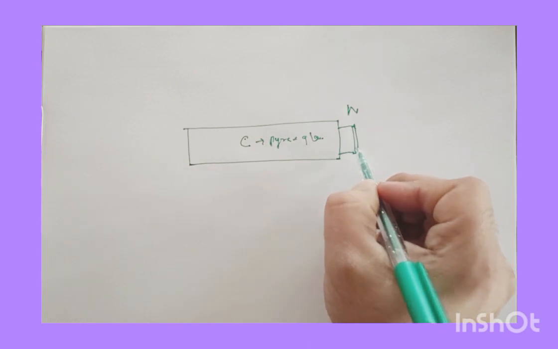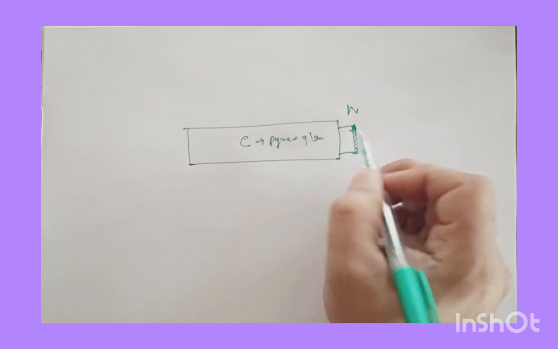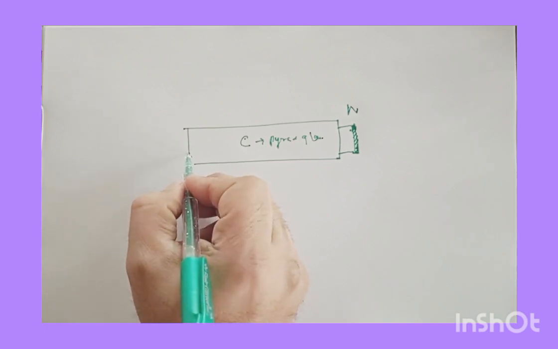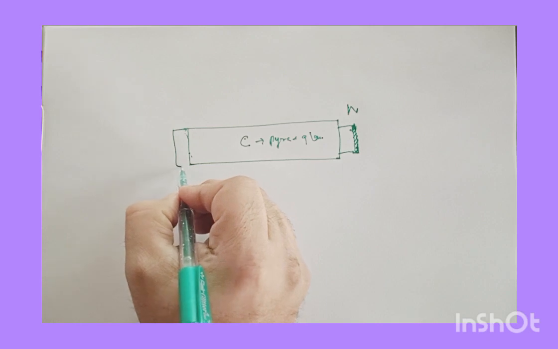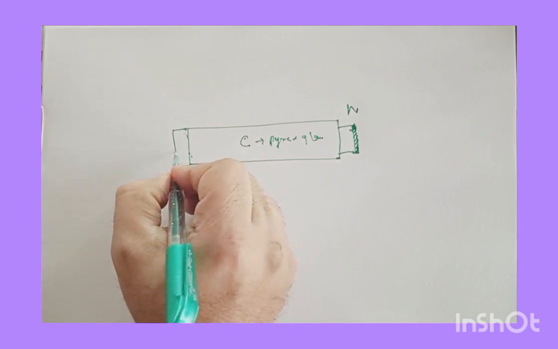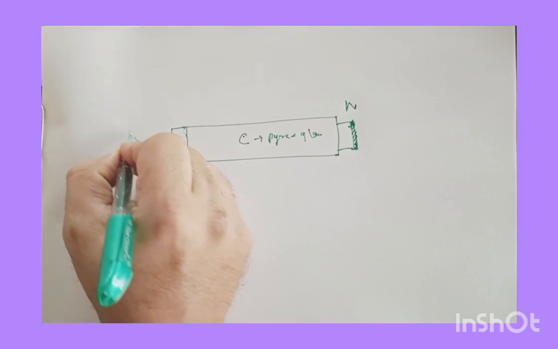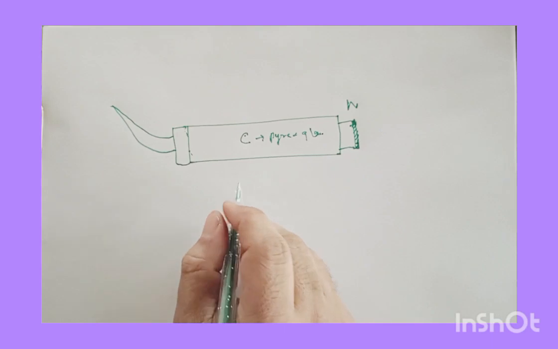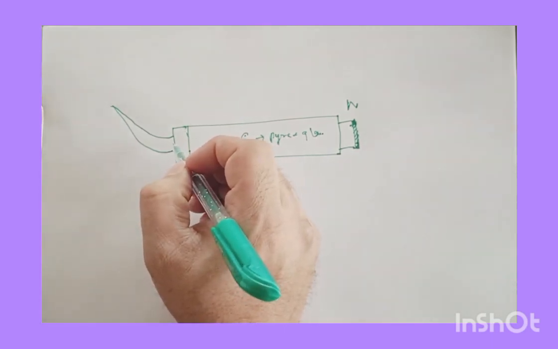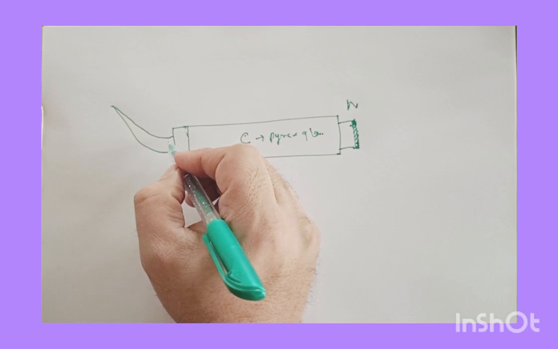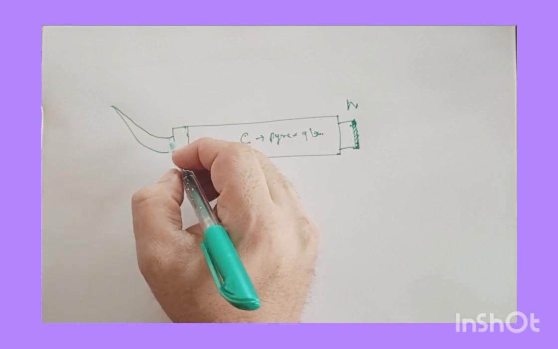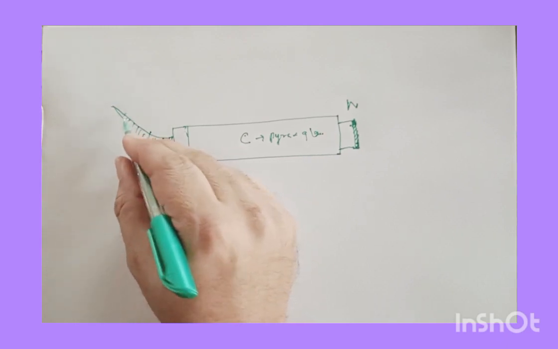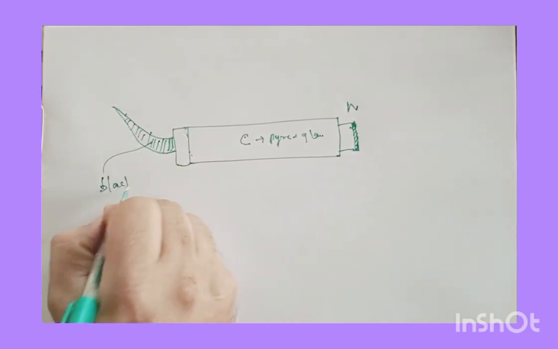So from this end we have the scattered light, and the other end is projected outwards in the shape of a horn. This horn-like structure is painted with black paint.